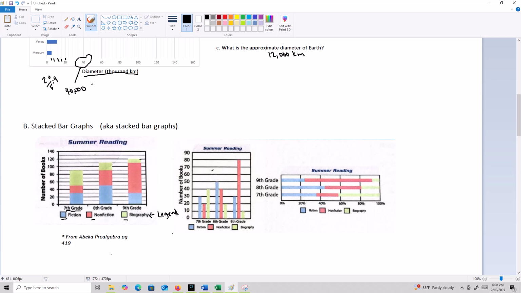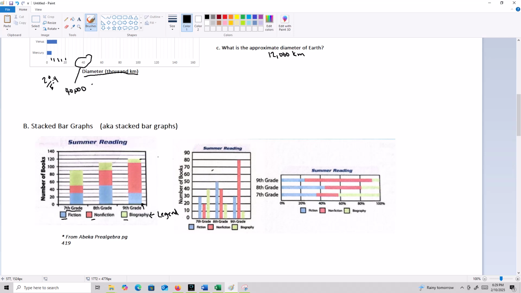So if I wanted to find out how many nonfiction books were read by 9th grade students, I would begin by looking at the 9th grade bar right here. And there are 120 total books.